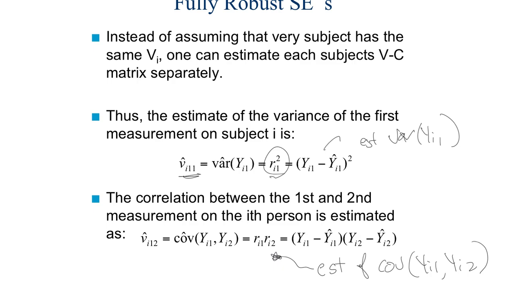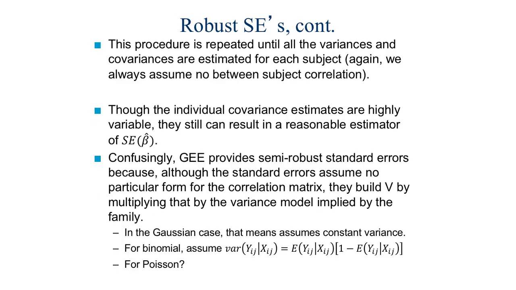Again, not great estimates because they're based on a sample size of one, but we don't need each of them to be perfect because when you go back to the original equation, they all have, in the linear case, that particular form where you're not assuming anything about the variance covariance.